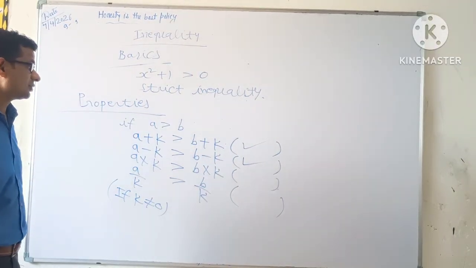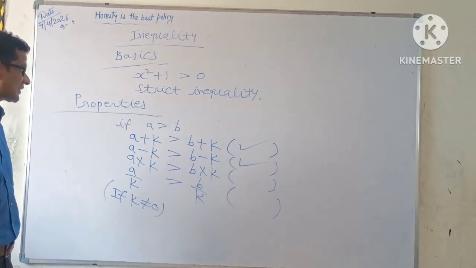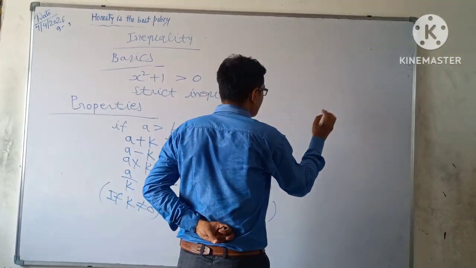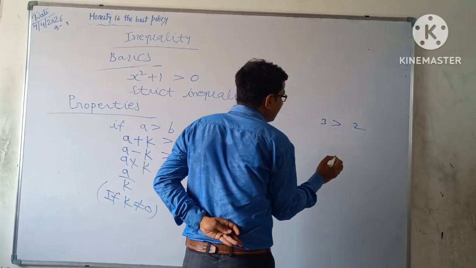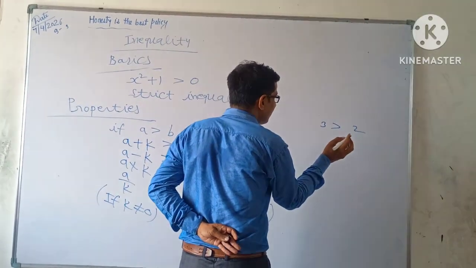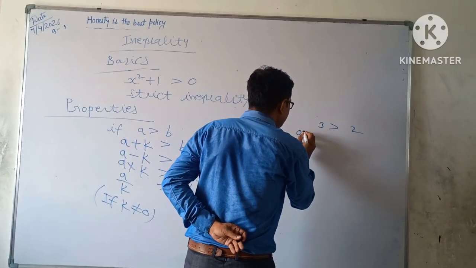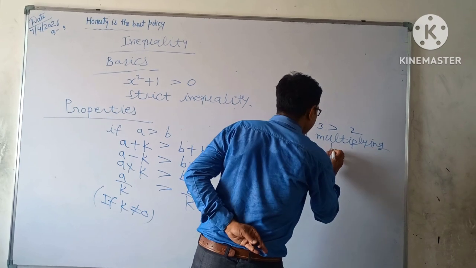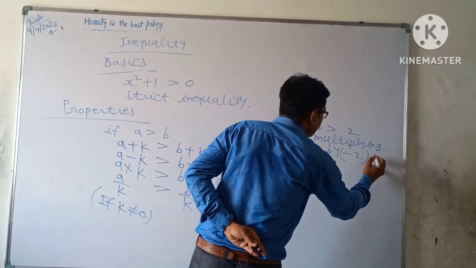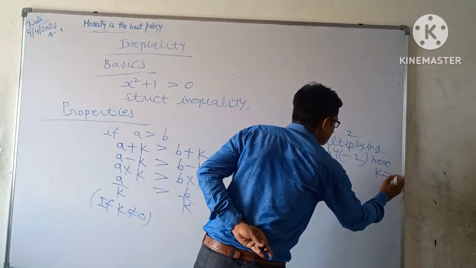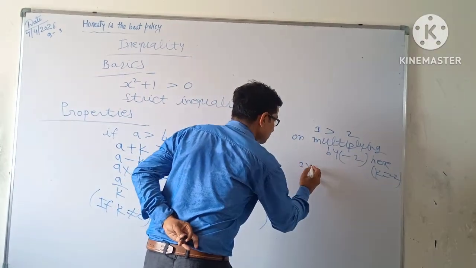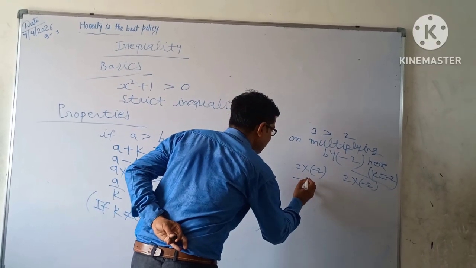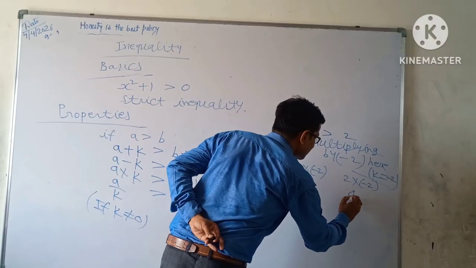Can we multiply also? Let us take an example to check it. 3 is greater than 2. Let us multiply both sides by minus 2, so here K equals minus 2. We will get 3 into minus 2, which is minus 6, and 2 into minus 2, which is minus 4.